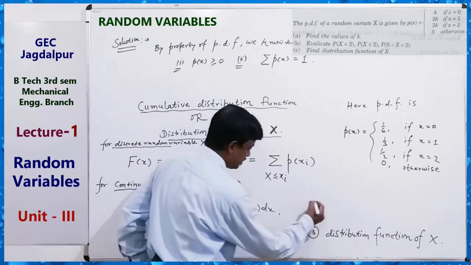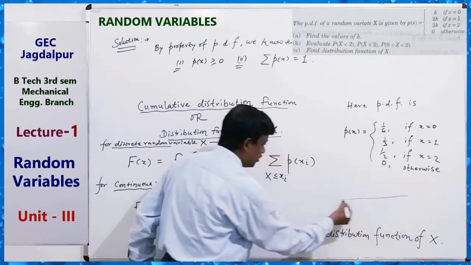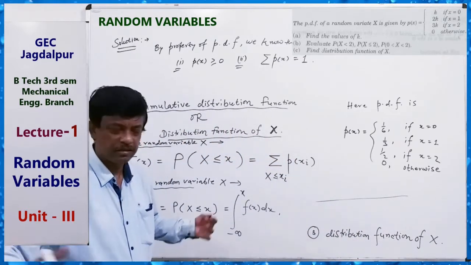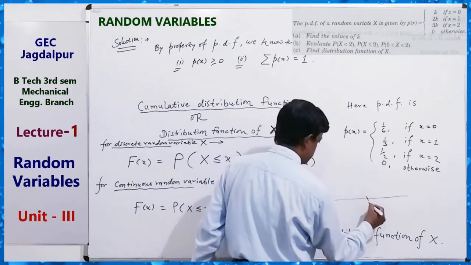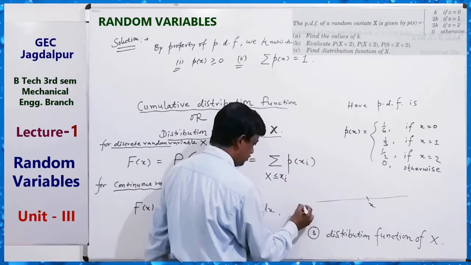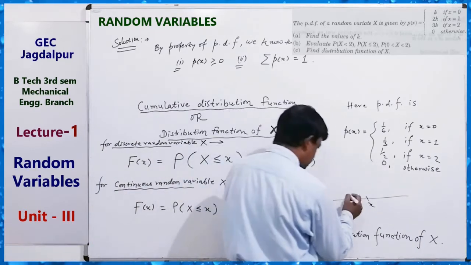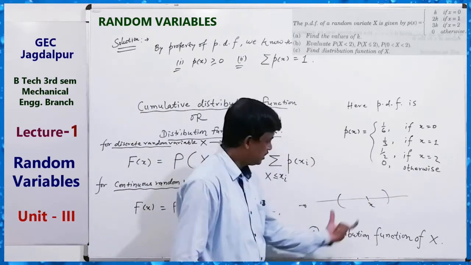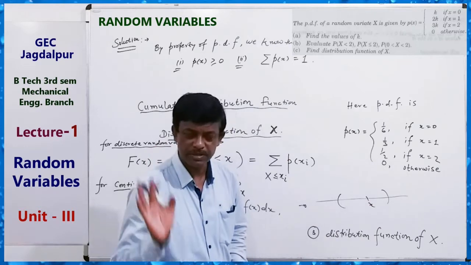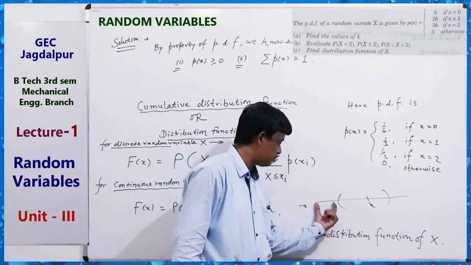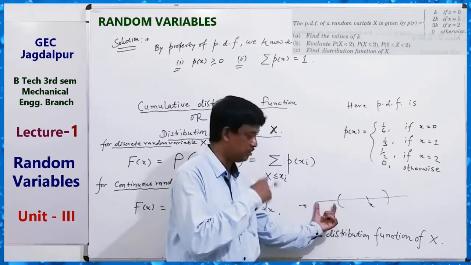Suppose continuously here is x, then the last value is minus infinity. If the PDF is given in this part, for the other part we can suppose the PDF is 0.